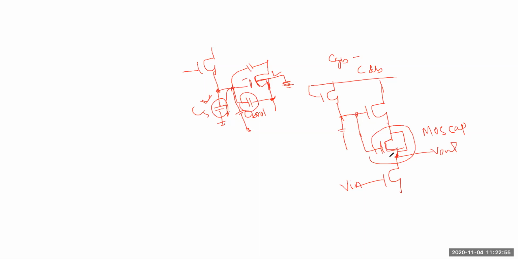So in the real circuit, you have to add another MOSFET capacitor to enhance this C boot. So in this way you can increase this value.